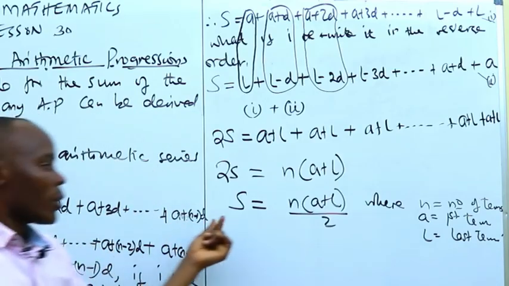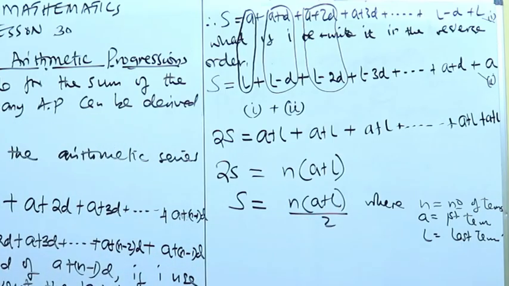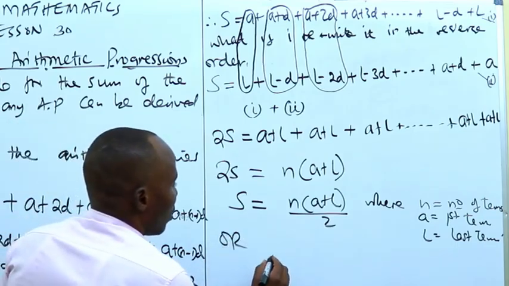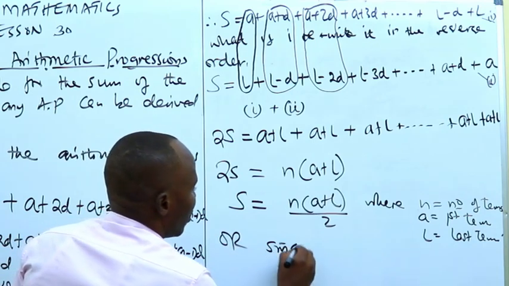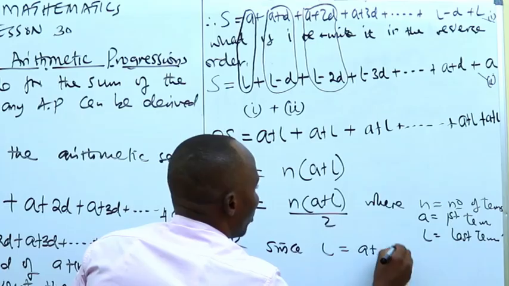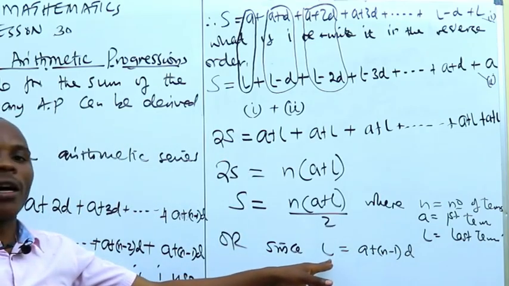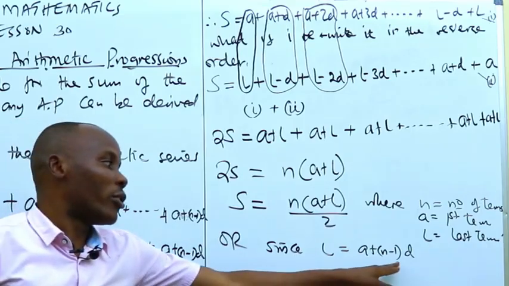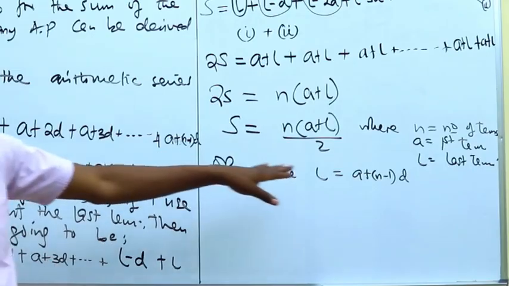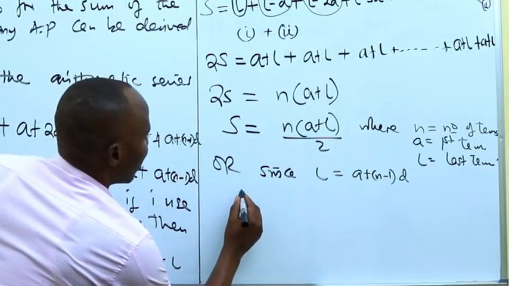Now, what if I interchange my formula and I give it in a different way? Since L is A plus n minus 1 into D, my L is the last term. I can replace it with this. Remember, we say that that term generates the last term, or that's the formula for the last term.